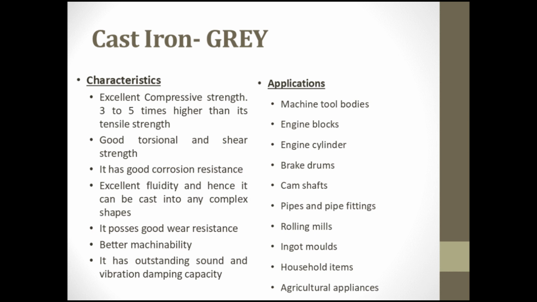It has good corrosion resistance, excellent fluidity, and hence it can be cast into any complex shapes. It possesses good wear resistance, better machinability, and outstanding sound and vibration damping capacity.